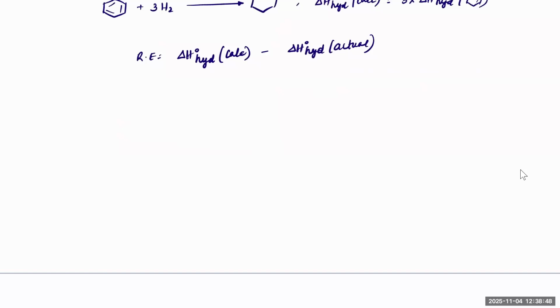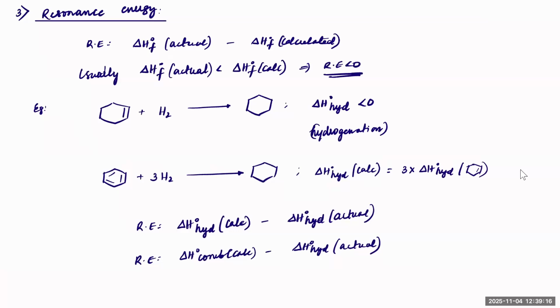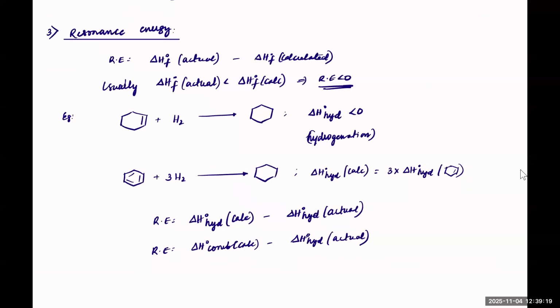Same way, resonance energy can also be written as delta H naught of combustion calculated minus delta H naught of combustion actual. Right. So this is calculated minus actual. So please check. Did you understand what the resonance energy is, and how to write it depending upon whatever factors are given? Okay.